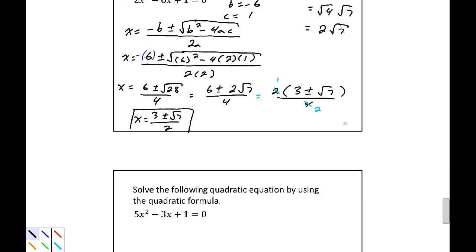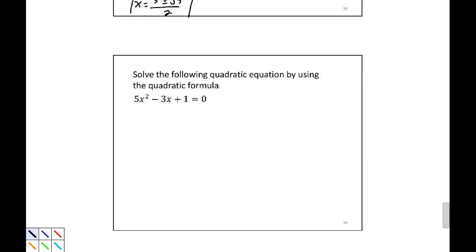All right, for our next example, 5x squared minus 3x plus 1. It's already equals 0, so we can go and identify a, b, and c. a is 5, b is negative 3, and c is 1. Now, for our equation, negative b plus or minus the square root of b squared minus 4ac, all divided by 2a.